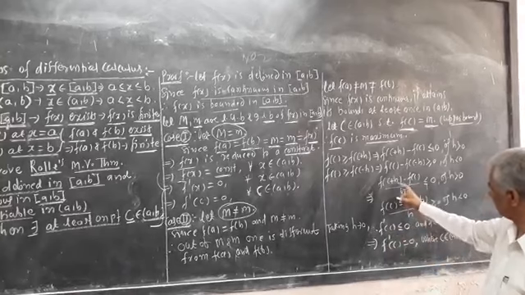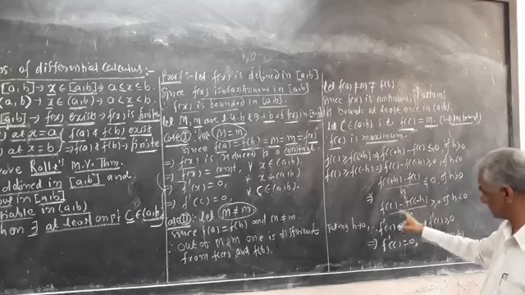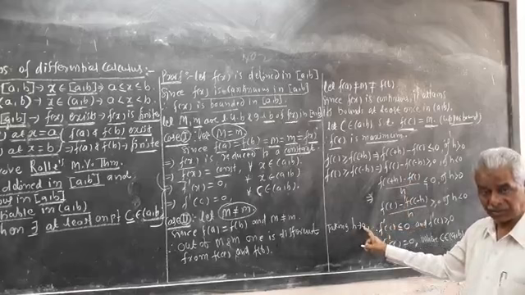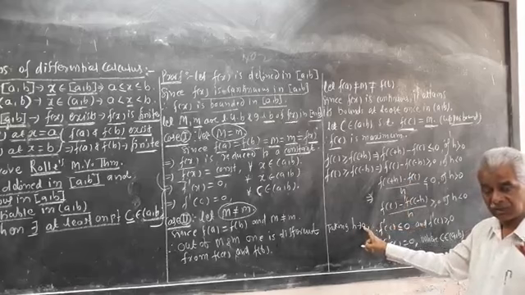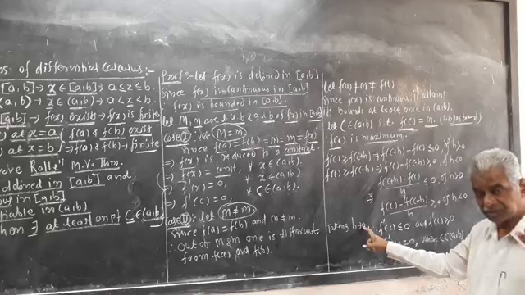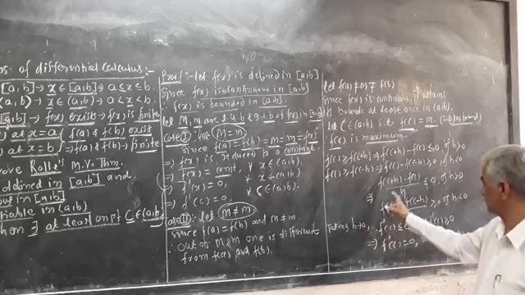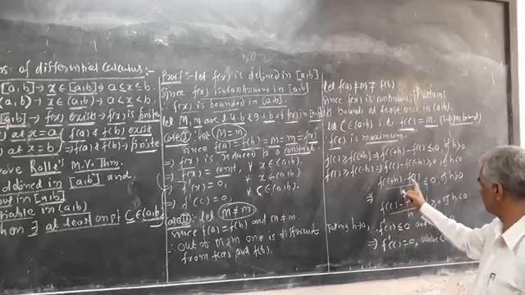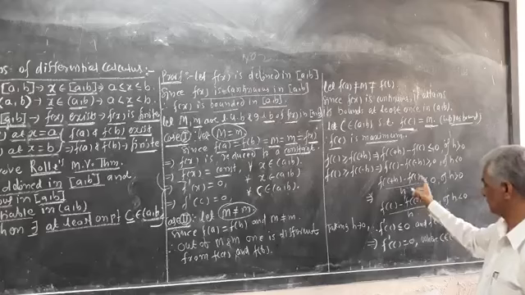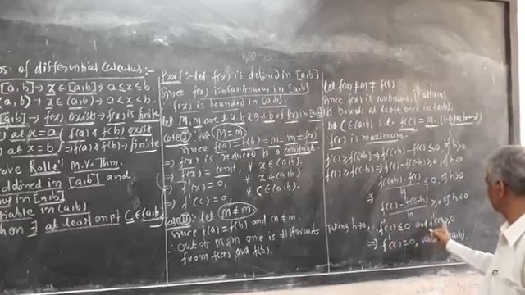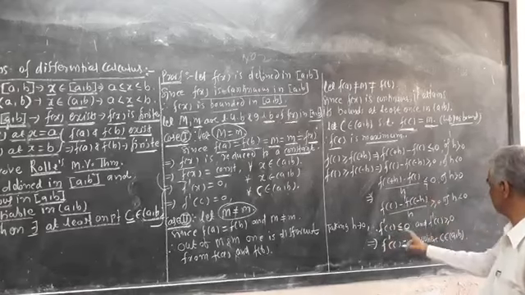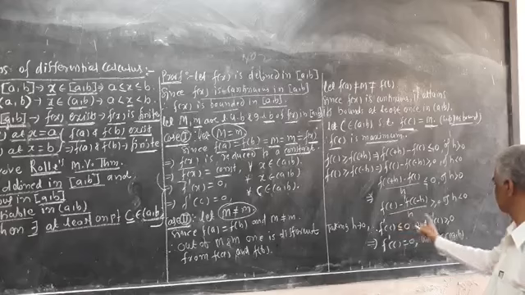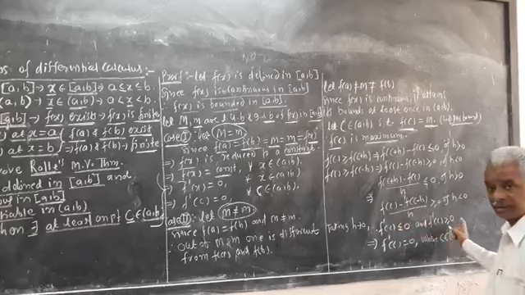So the limit of these two expressions as h tends to 0, according to the definition of a derivative, is the derivative of f at c, that is f dash c, which is less than 0 for this expression, and for this expression it is greater than 0.